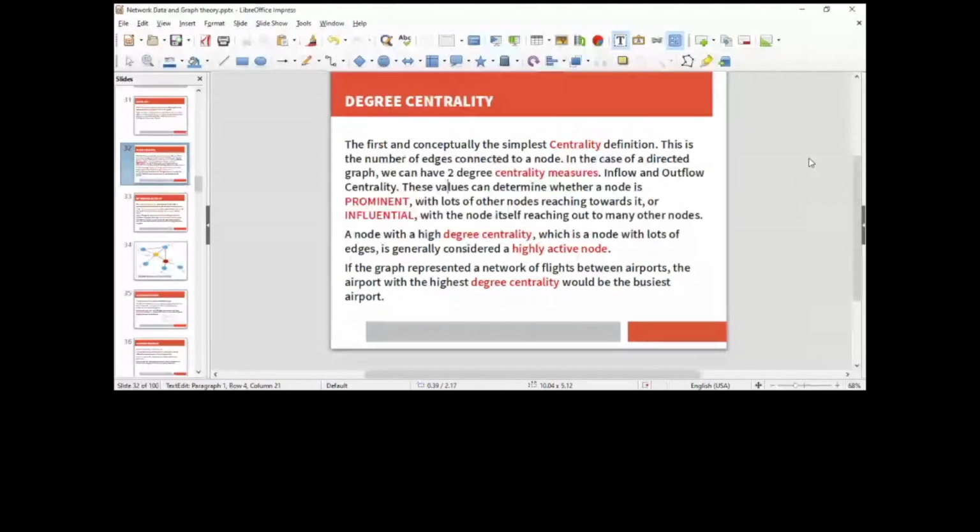Now, this is what network data analysis is all about. So that means everything can be calculated. I can calculate the flow of water to people's houses. I can calculate how quickly people can move from their houses to their place of work.